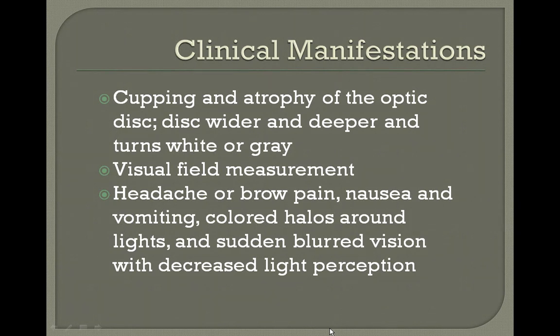Some of the signs and symptoms, especially when the person has acute angle closure glaucoma, are that the person may have sudden severe pain, nausea and vomiting, and they may complain of seeing colored halos around lights. What should be noted with the acute closure is that it is sudden and severe.